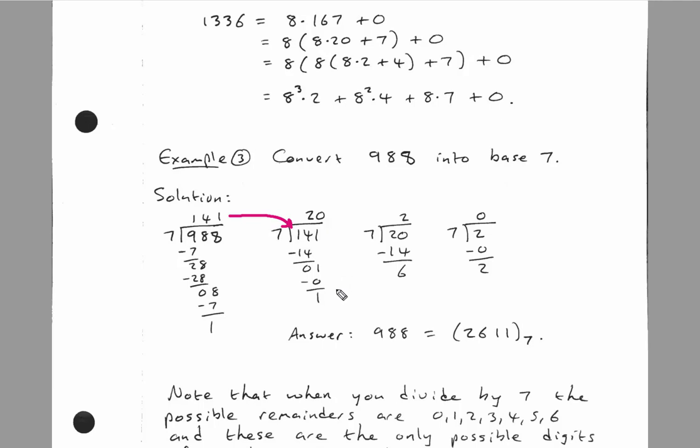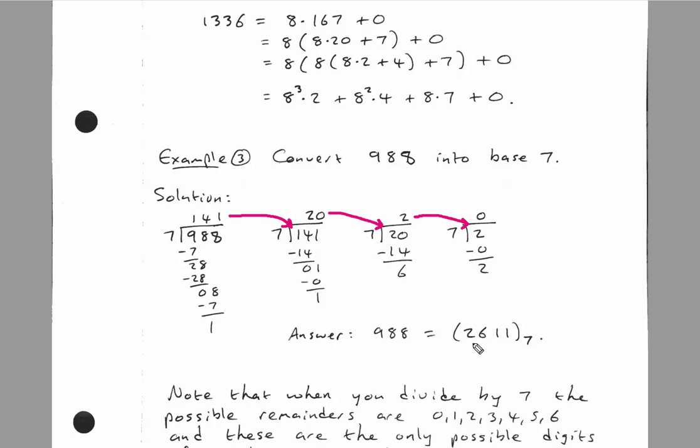We get a new quotient 20, remainder 1. Divide that quotient again. New quotient 2, and then divide that 2 by 7, the quotient is 0, so then we stop. And these were the remainders. So we're getting 2611 for our base 7 representation.